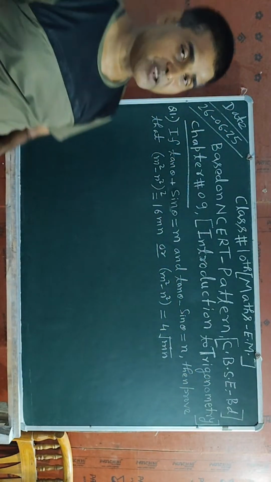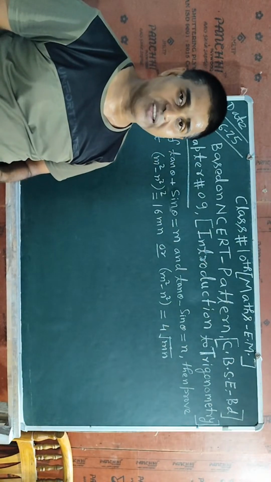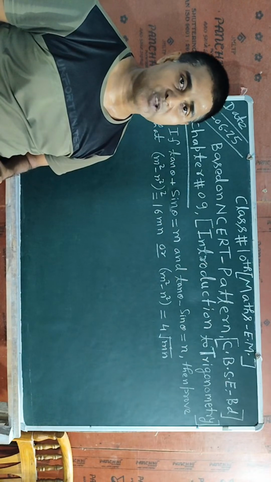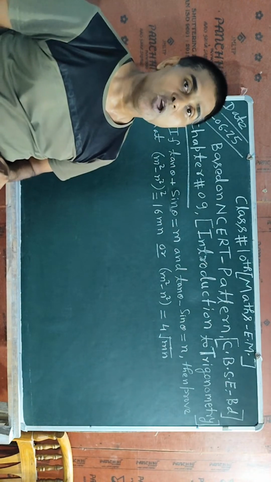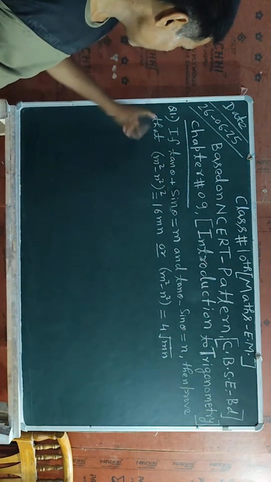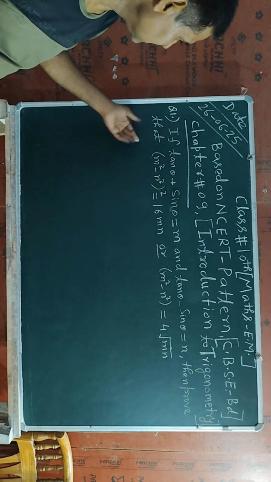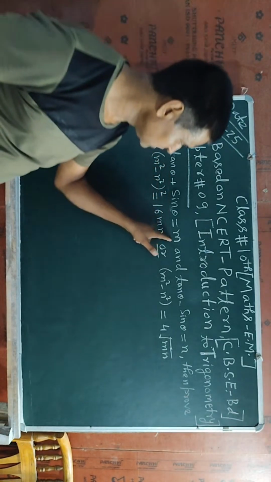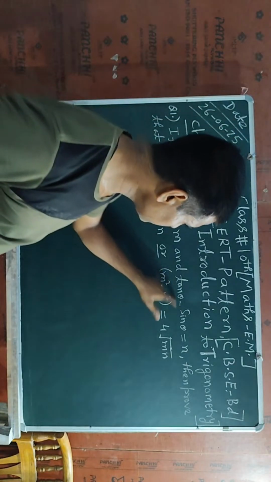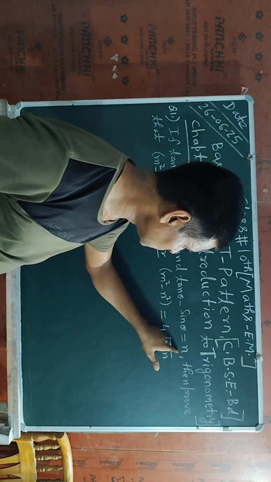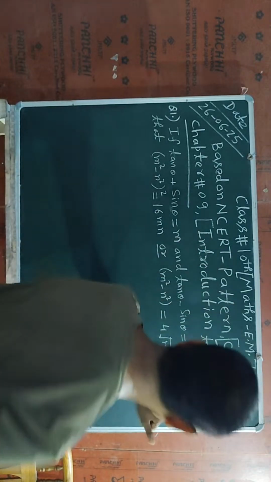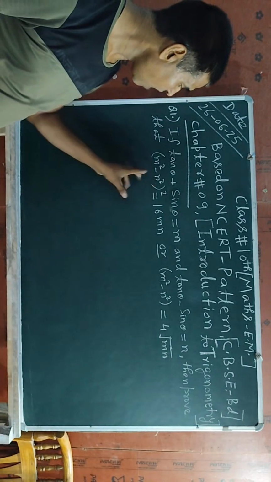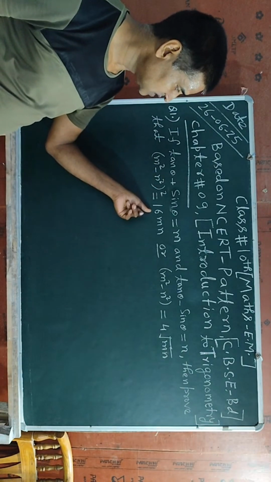Now here I have written one question, and I am going to read it, and after reading I will explain its meaning, and then I will give its proper solution. Question number 1: if tan theta plus sin theta is equal to m, and tan theta minus sin theta is equal to n, then prove that (m square minus n square) whole square is equal to 16 mn.